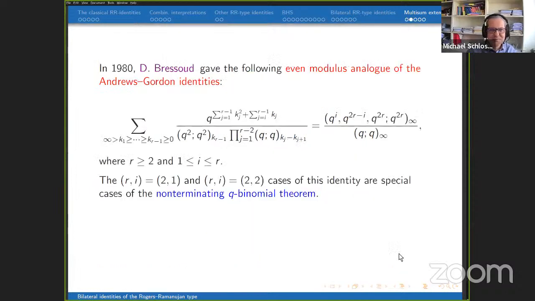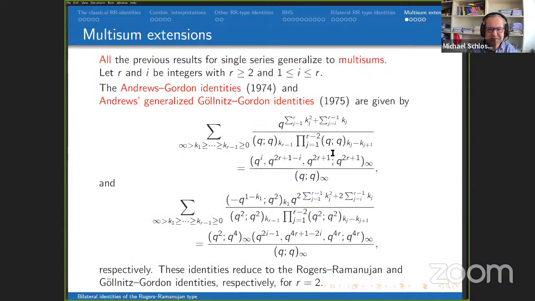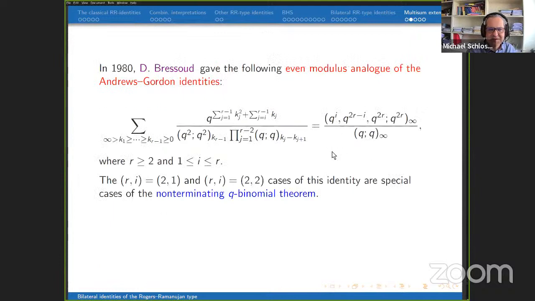There's also Bressoud's even modulus analog of Andrews-Gordon identities. For r equals 1, or actually 2, sorry, the trivial case, it's just a special case of the binomial theorem. It's like the q-exponential expansion. So that's why this is nothing new in 1 dimension, but for a multi-sum, these are interesting.